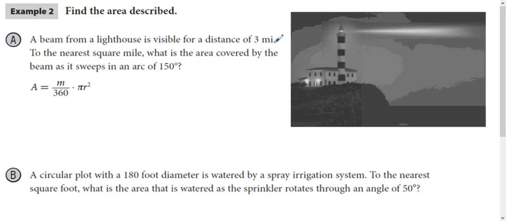To the nearest square mile, what's the area covered by the beam as it sweeps in an arc of 150 degrees? So we have 150 degrees out of 360. That's the portion of the circle, times pi times radius squared. And the radius is going to be 3 miles.